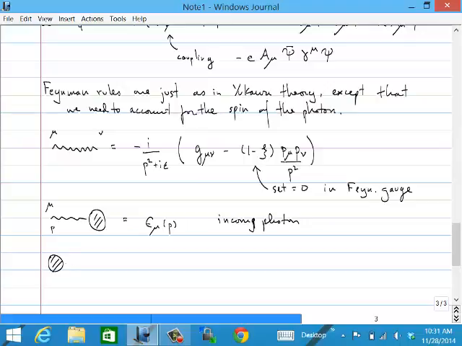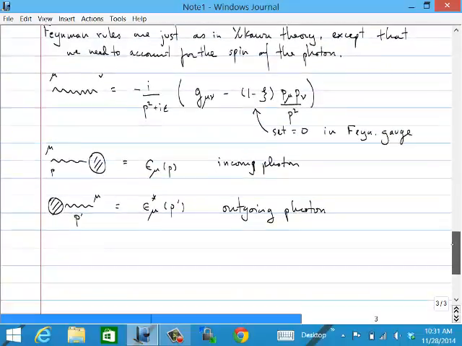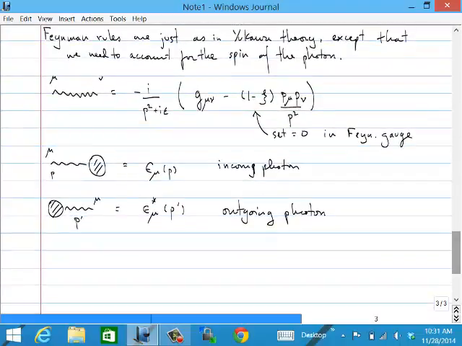And likewise, you'll get a factor of epsilon star for an outgoing photon. And we have an interaction vertex.